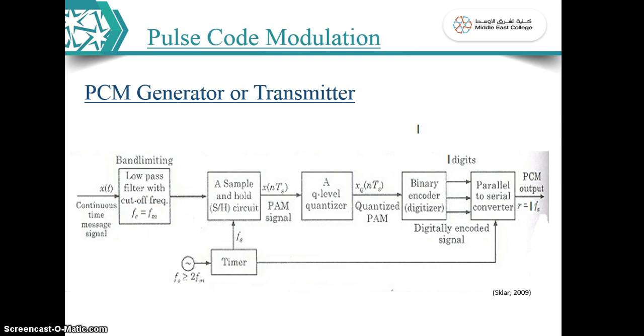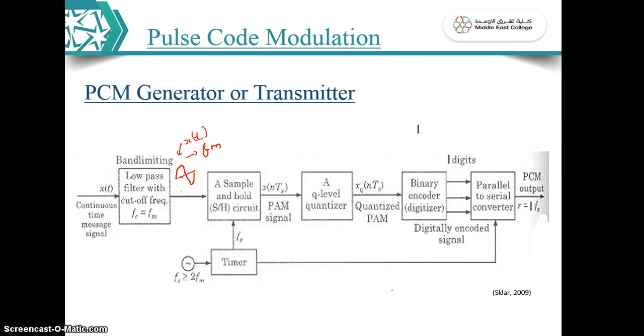So by your low pass filter, your signal x(t) is band limited to FM hertz. Now we'll move to the next block. The output of the first block is band limited, say, like this is your x(t), now limited to a maximum frequency of FM.